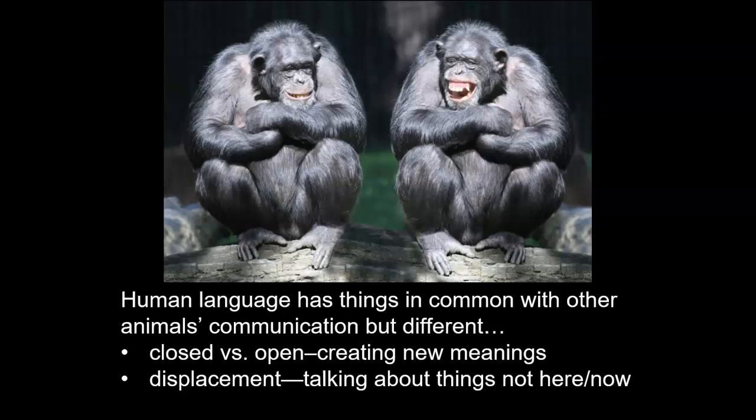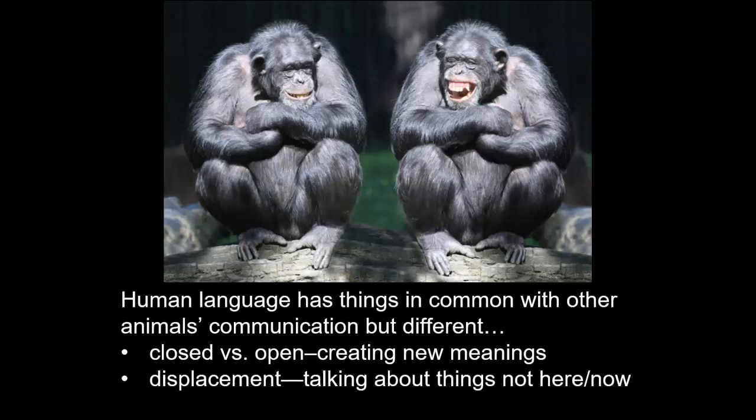And as your book talks about it, one way to capture that set of differences is thinking about closed versus open communication systems, right? Human language is an open system. What that means is that it's possible to create new meanings, right?